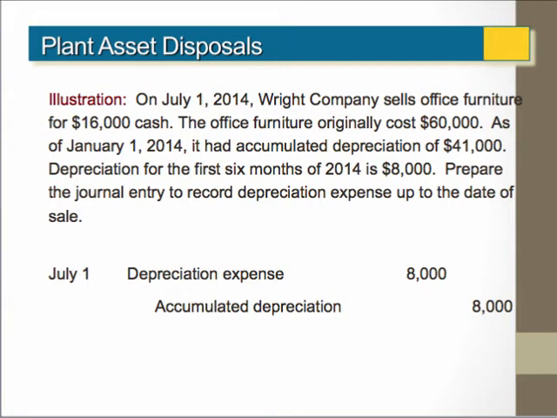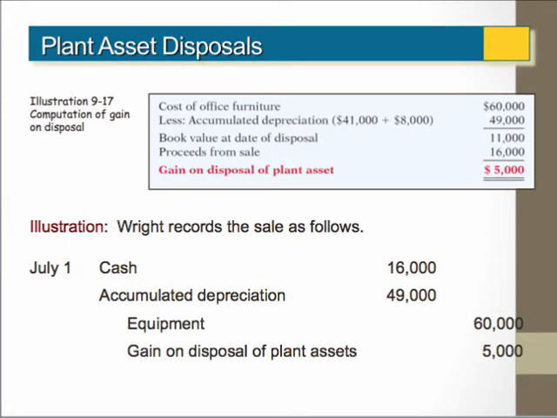Remember, we sold the asset on July 1st. So one of the first things on the disposal is to get the book value current. So we have to recognize the depreciation expense for the first 6 months. So we need to do the journal entry, debit depreciation expense, credit accumulated depreciation for the first 6 months of depreciation of $8,000. Now we have a new book value of $11,000.